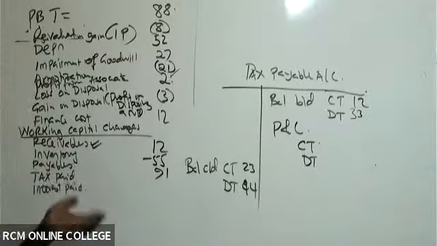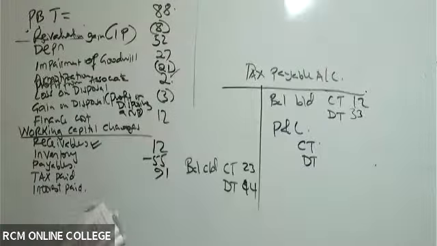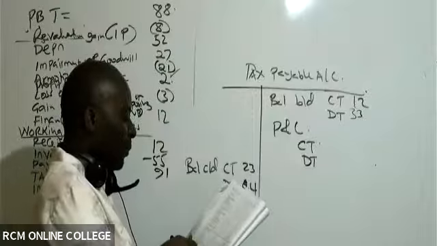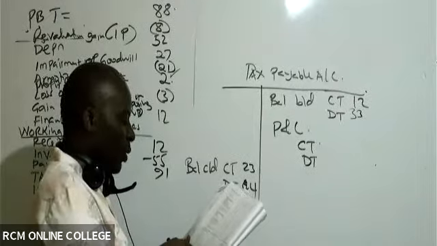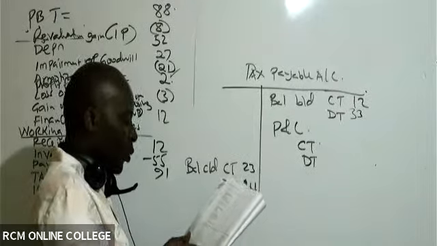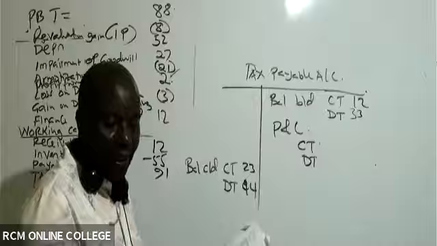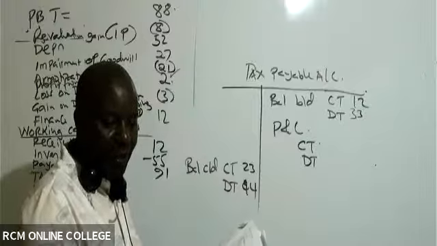We are crediting because the tax payable will increase. Is there somebody who is able to see P&L where we have income tax expense?